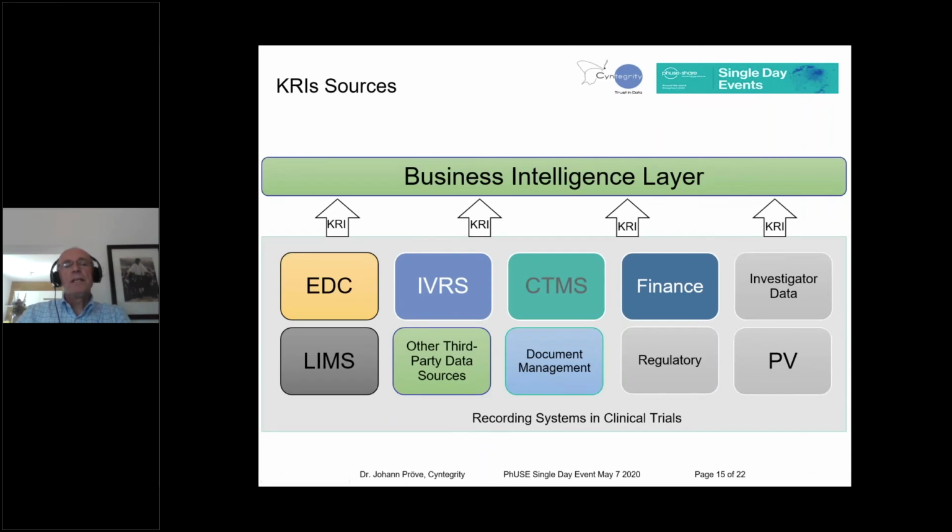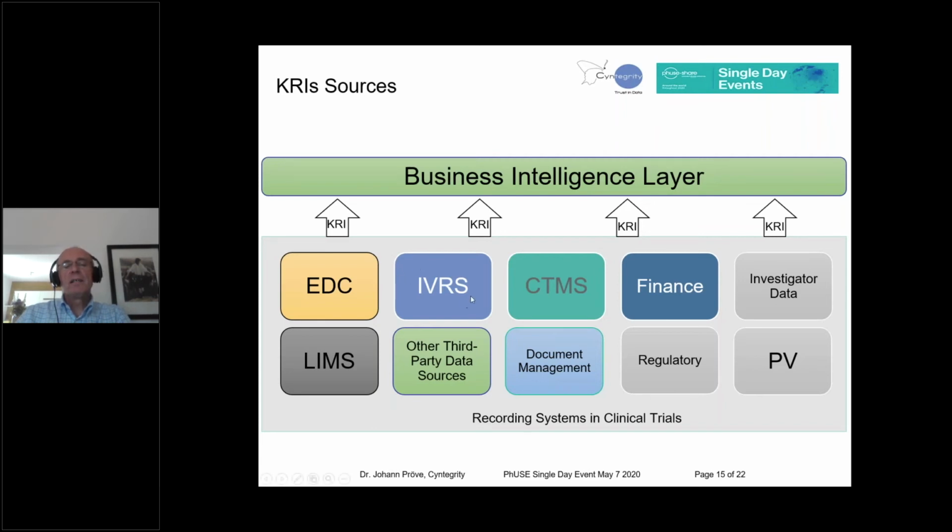Now, what could be the sources of the data? And that is something that the colleagues from ThoughtSphere and also from CluePoints indicated already. The source of the data is not only EDC. That is something that happened in the beginning. Everybody thought my data are in the EDC system, and therefore that is what I need to tap into.